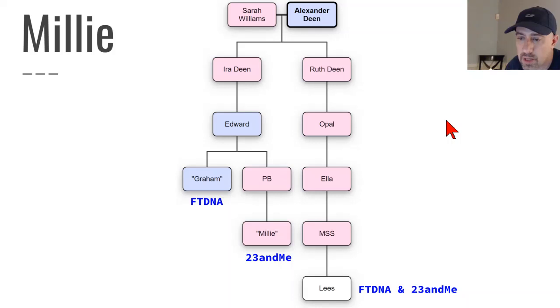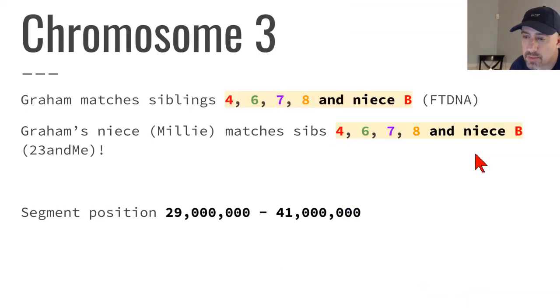And again, when Graham appeared, I compared notes, and I found that Graham and Millie are uncle and niece. So a very good match to explore, but we have this barrier. Graham is on Family Tree DNA, Millie is on 23andMe, and so we have a challenge in front of us.